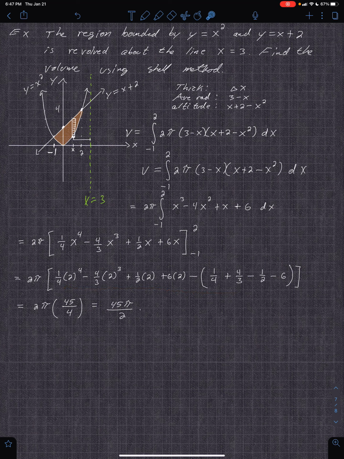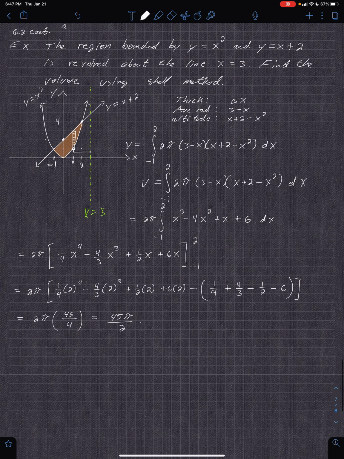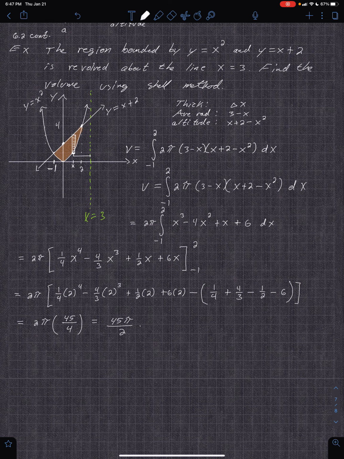I went ahead and used some computer algebra systems to simplify it and take a look myself. Next question. You take a look at that. You can pause it, and now let's move on.